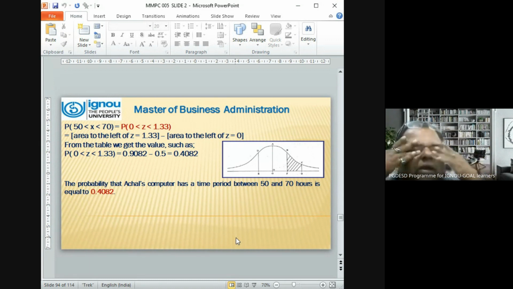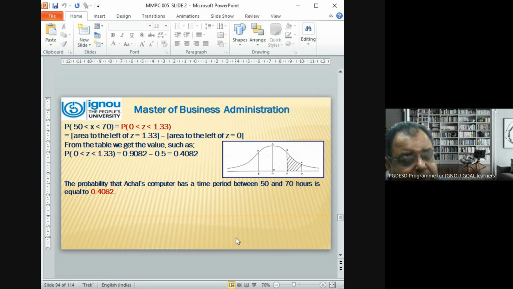For probability of z is equal to 0 is 0.5 and probability of 1.33 will be provided to you in the paper. That comes out to be 0.9082 minus 0.5, which is 0.4082.